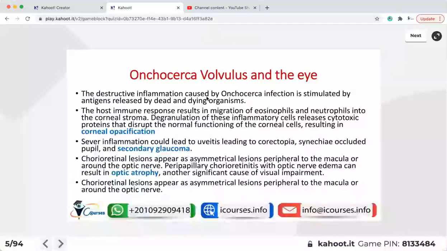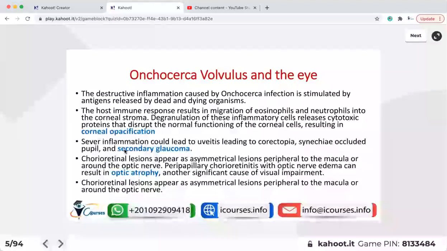So, Onchocerca volvulus and the eye. There is destructive inflammation caused by the Onchocerca infection, which is stimulated by antigens released by the dead and dying organisms. So the problem here is the dying or dead organism itself, not the living one. There will be a host immune response in the form of eosinophil and neutrophil infiltration into the corneal stroma, which will eventually result in corneal opacification.